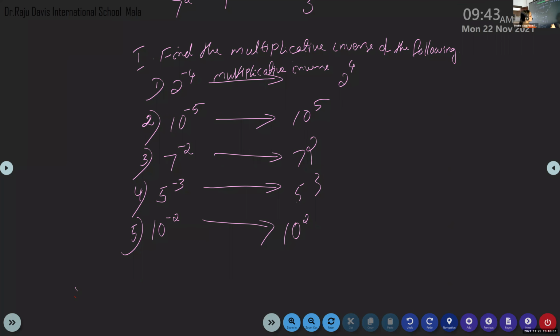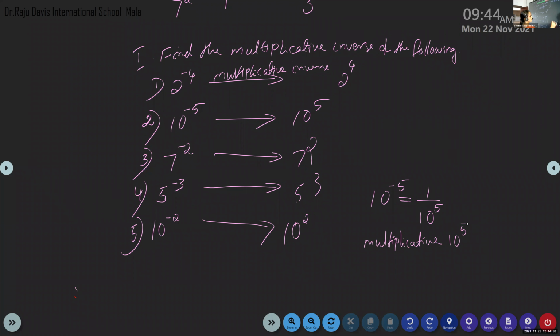See, 10 raised to negative 5 is equal to 1 by 10 raised to 5. Gopika, they are equal, not multiplicative inverses. The multiplicative inverse is 10 raised to 5.